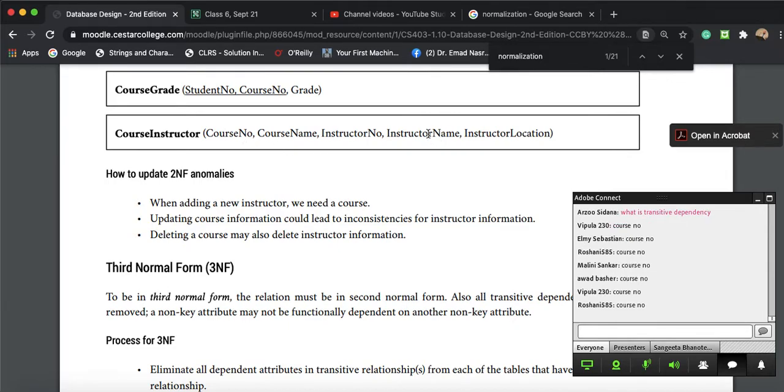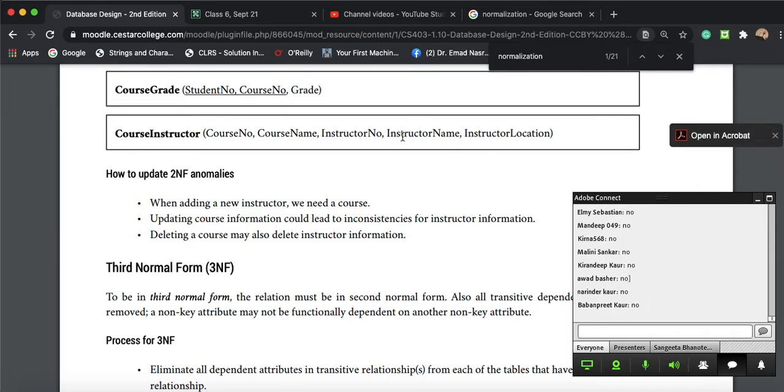Now, instructor name depends on what? Instructor number. Is instructor number here a primary key? No, we have a problem.